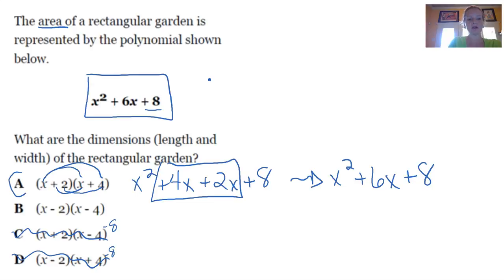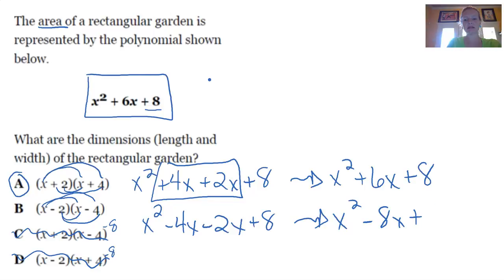So I've already figured out my answer, but just to make sure, try answer choice B. X squared, that would be negative 4x, negative 2x, and positive 8. So that gives me x squared minus 8x plus 8. So this one does not work. So my only answer choice is A.